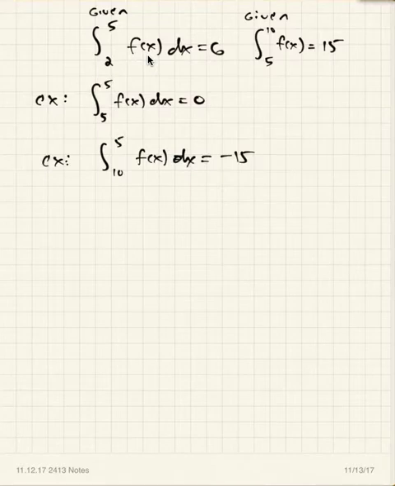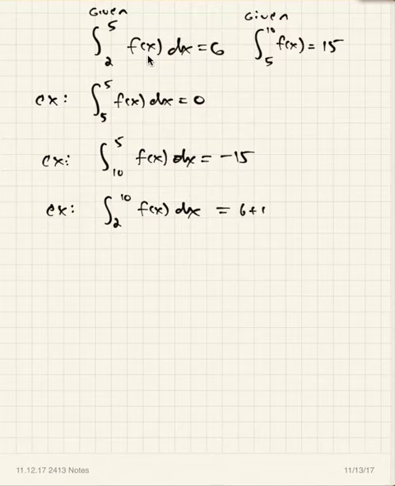The integral from 10 to 5 is -15. And then the integral from 2 to 10 of f of x dx. Notice we would be stitching those two integrals together at the top, and that would simply be 6 plus 15, or 21.